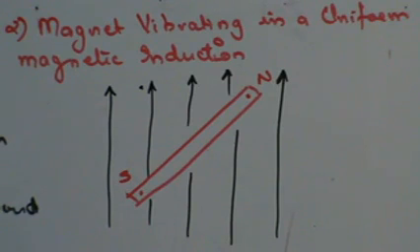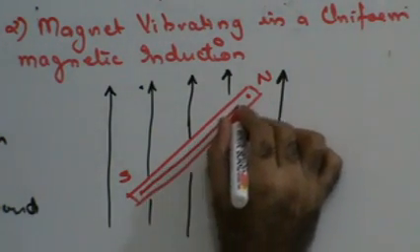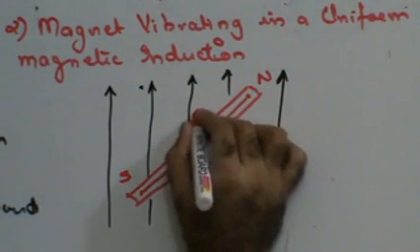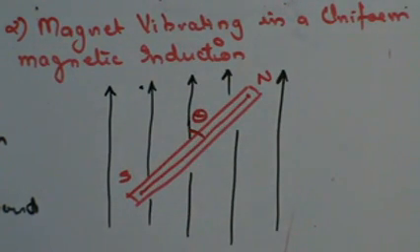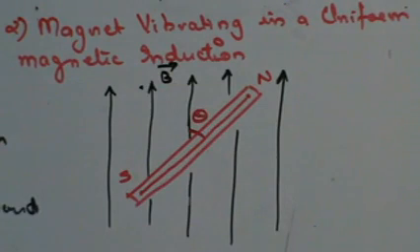Now, let's assume that the magnet makes an angle of theta with the external magnetic field. It is inclined at an angle of theta with the magnetic axis. This angle is theta, right? The external magnetic field is of induction B. Now, if a magnet is placed in an external magnetic field, there will be two forces acting on the magnet, one on the north pole, the other on the south pole.